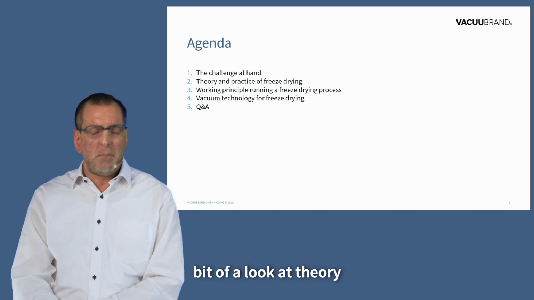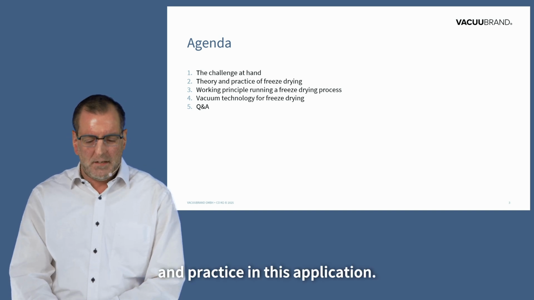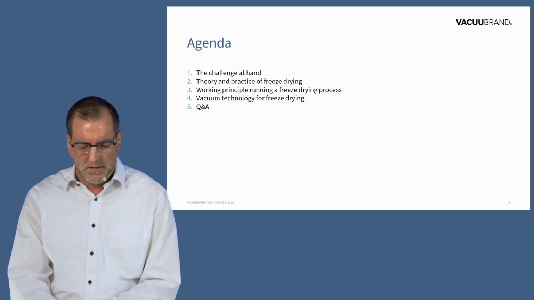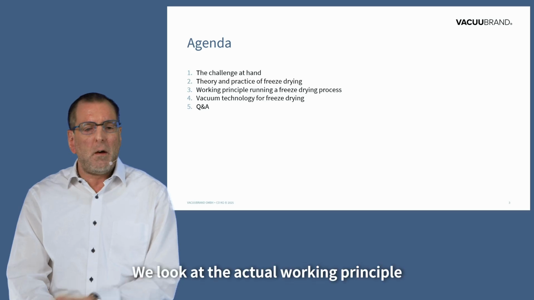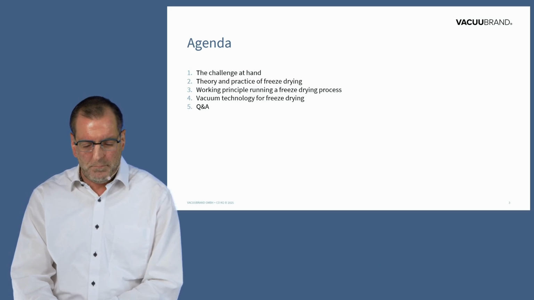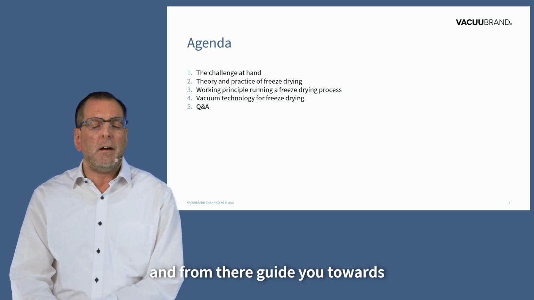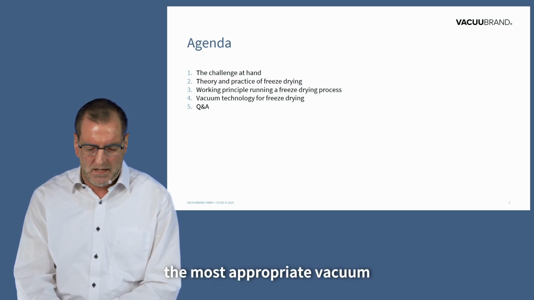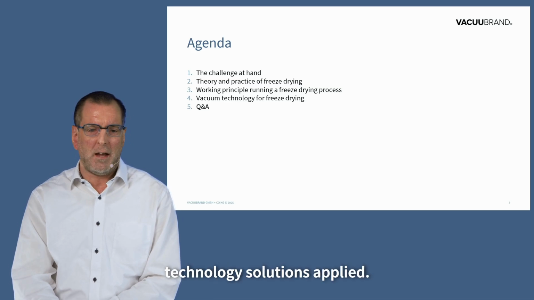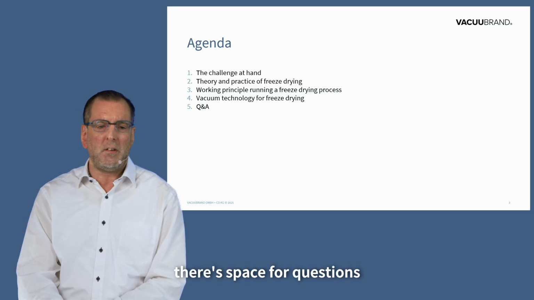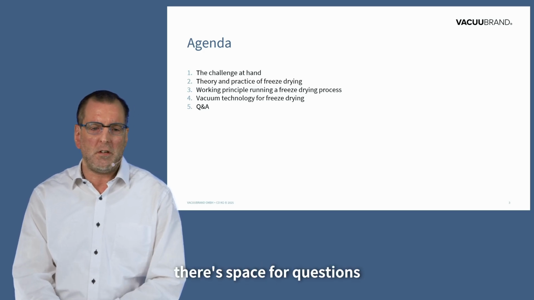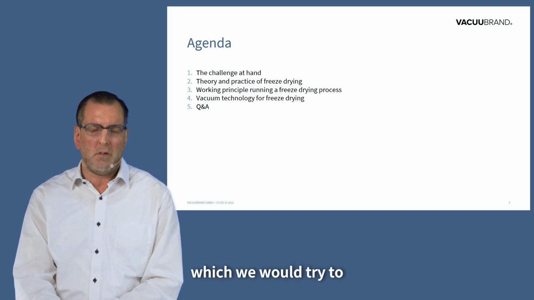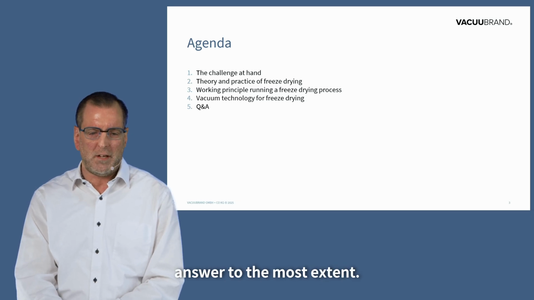We will have a little bit of a look at theory and practice in this application. We look at the actual working principle, and from there guide you towards the most appropriate vacuum technology solutions applied. And of course, there's space for questions which we would try to answer to the most extent.